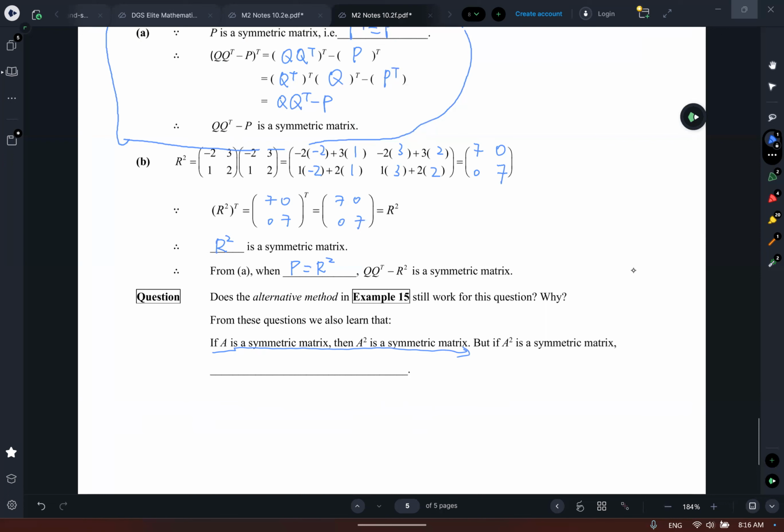No, not necessarily. Just because A squared is symmetric doesn't mean A is symmetric. A is not necessarily symmetric.